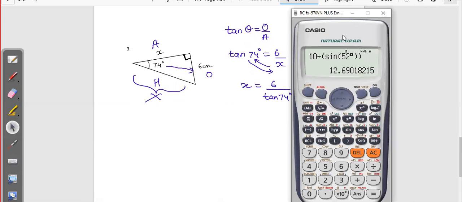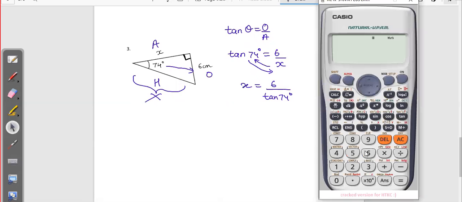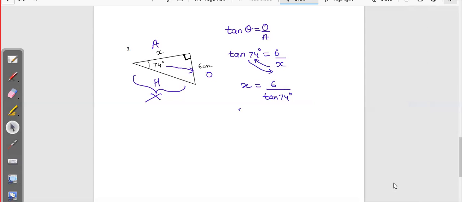Click on button 6, divide, don't forget to open the bracket like this, then click tan 74 degrees, close the bracket, again close the bracket, and you will get the answer 1.72047.